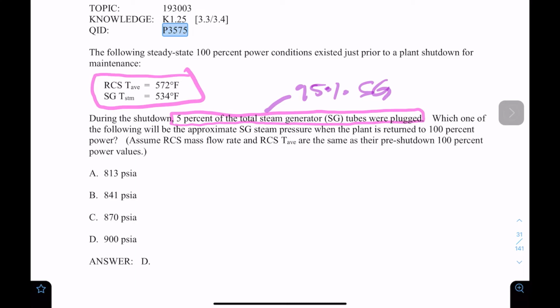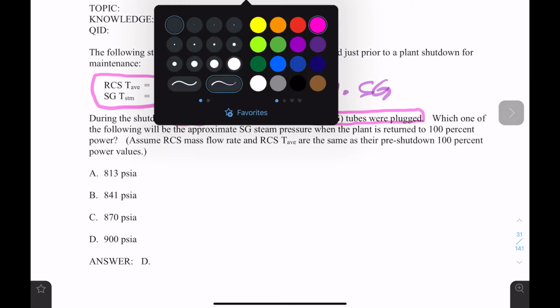And we need a steam generator. This is the one that dictates how much steam we send to the turbine, how much energy we generate. So this is dictating the heat transfer.